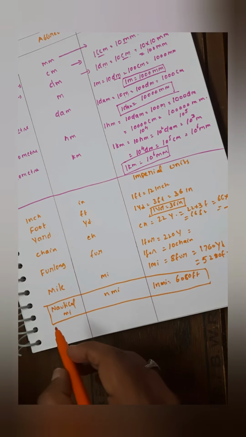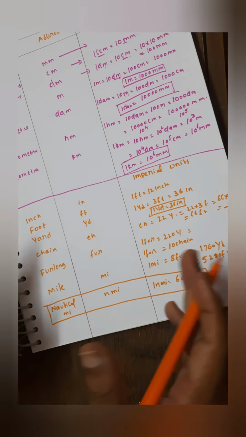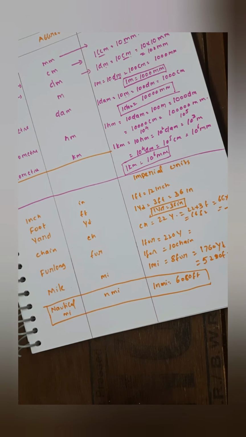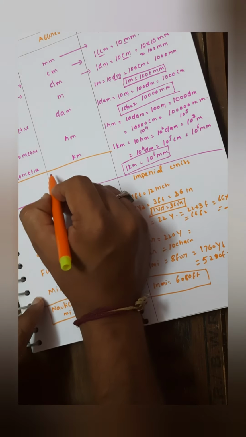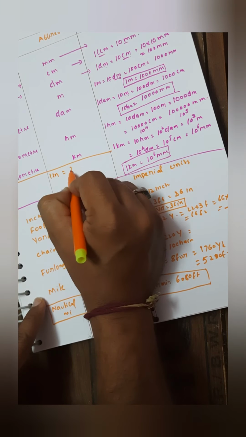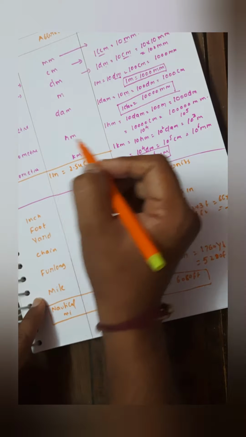Sir, is there any relationship between imperial units and metric units? Yes, there is. For 1 inch it's 2.54 centimeters.